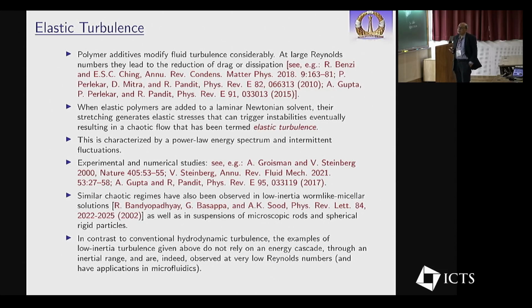However, there is something which happens at low Reynolds numbers also, and it has been called elastic turbulence. What happens is that the elastic stresses in the polymers trigger instabilities, which then lead to a chaotic flow, which is also turbulent. The initial papers here, Groisman and Steinberg, and then there is a review.